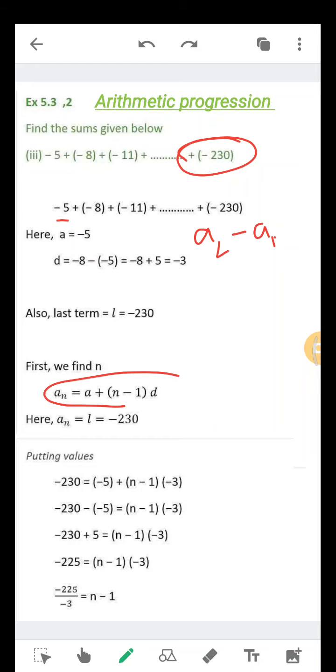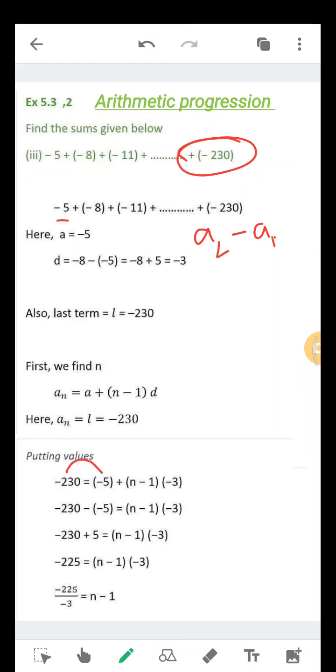We'll use this formula, an is equal to a plus n minus 1 into d. Minus 230 is your an, a is minus 5 plus n minus 1 into d, which is minus 3. So I have substituted all the values. Now we'll simplify it further.